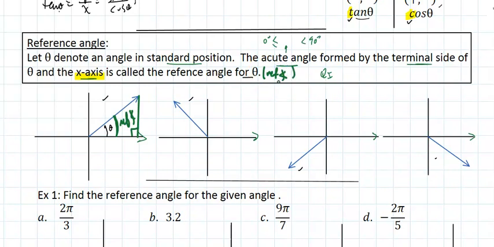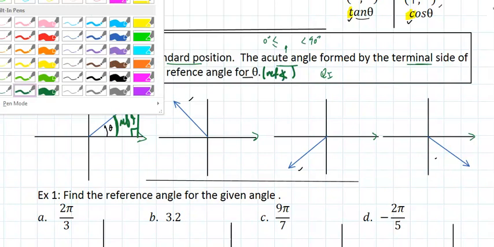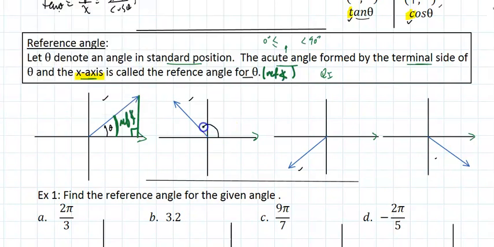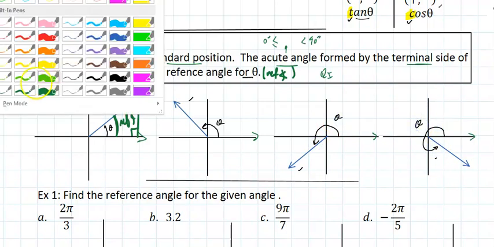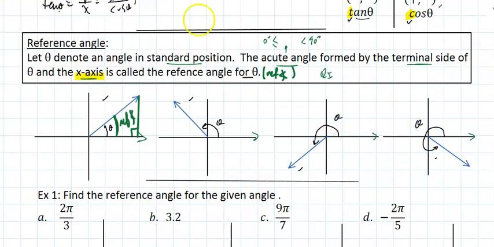If we're talking about quadrant 2, if you tell me the angle theta is right there, you could be in quadrant 3, or you could be in quadrant 4. If you are in quadrant 2, what I do, I go to the terminal side, which is the blue, and I run straight to the x-axis.